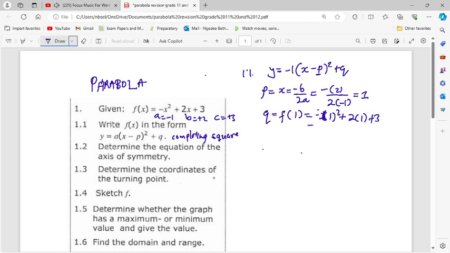Now what do we have here? It means we'll have minus 1 plus 2 plus 3. So this is 5 minus 1, this is 4. So we can have our turning point y-value as 4.